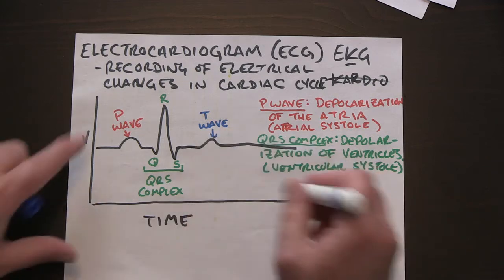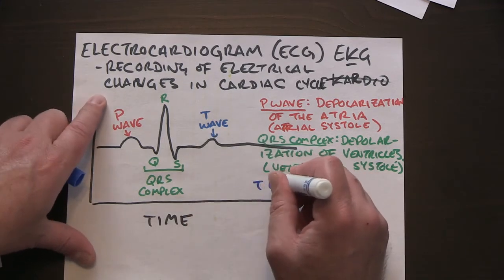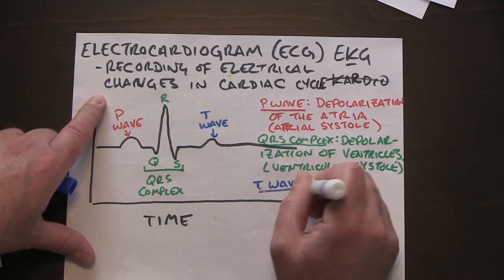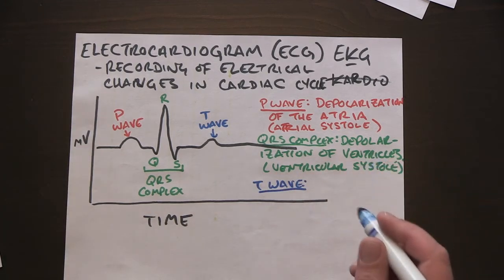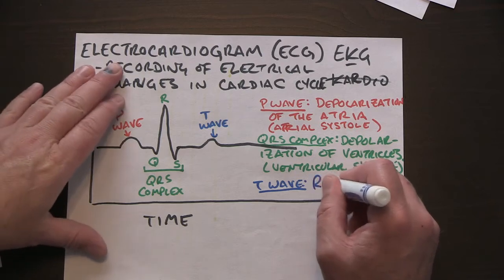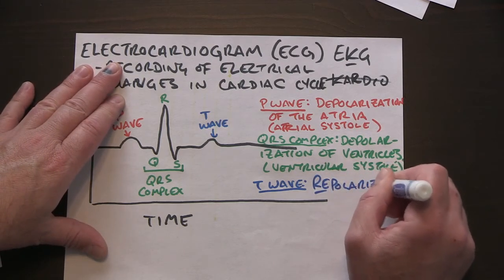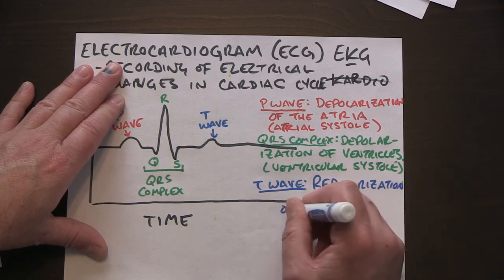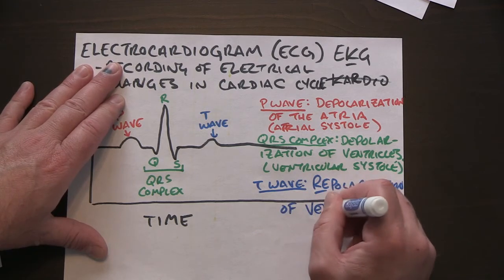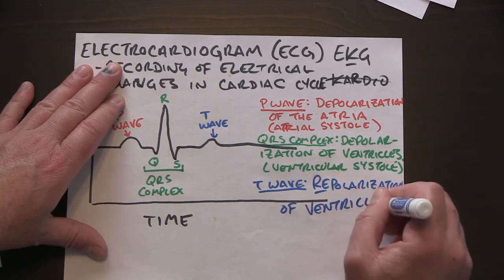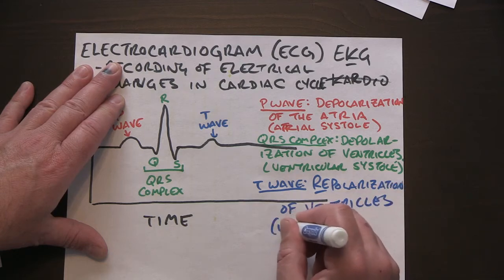And then this last one down here, the T wave, represents the repolarization of the ventricles, and therefore ventricular diastole.